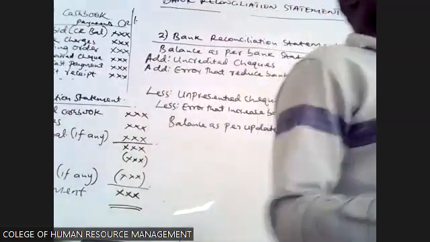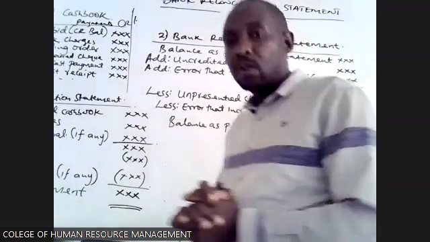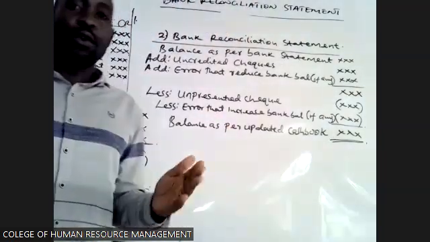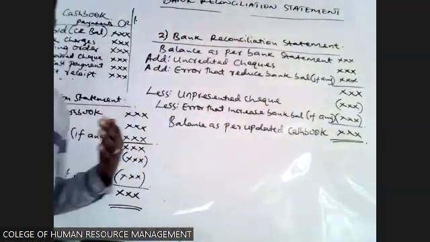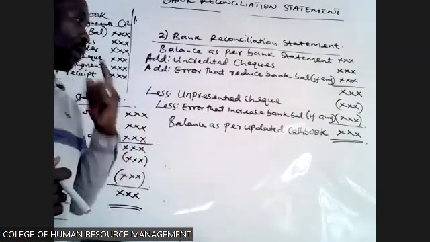If they are the same, you have done the reconciliation. So those are the formats. Once you have those formats with you, you can comfortably handle bank reconciliation statement questions and earn your marks in a very simple way.